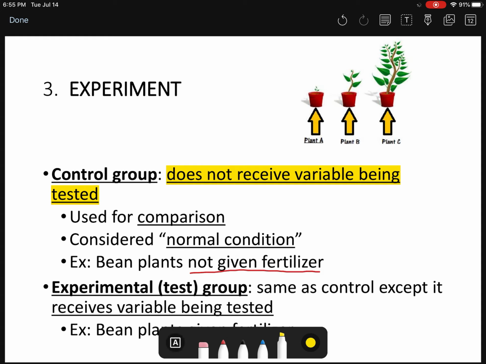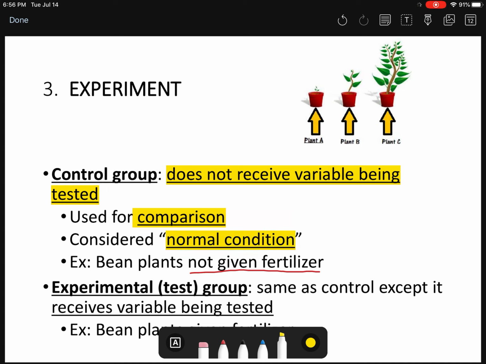Why is that? Because this is being used for comparison. We want to compare, if we did nothing to that plant, how would it grow? Then, if we added fertilizer to the other plants, how would they grow? So you need something to compare with, otherwise you really wouldn't know if it really was a big difference or not. So sometimes we call this the normal condition, whatever the normal condition is for that plant.